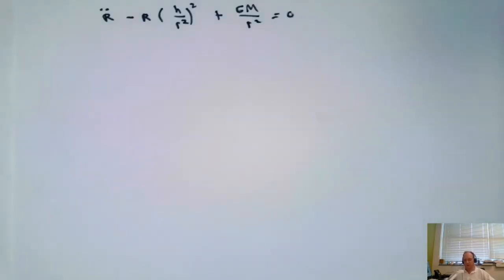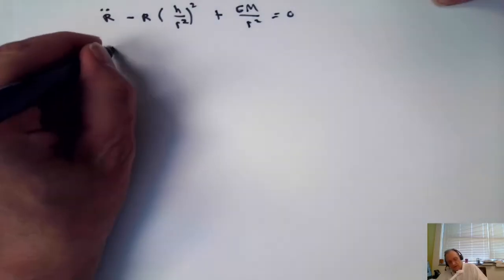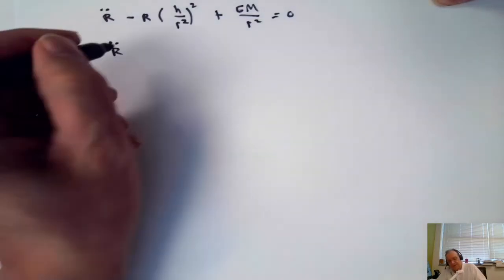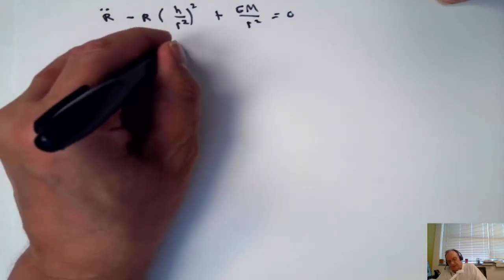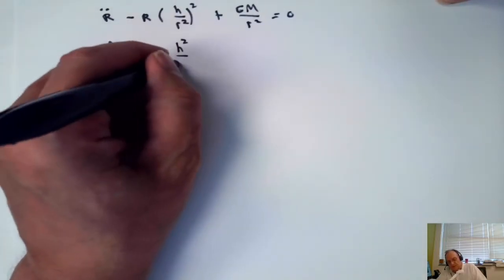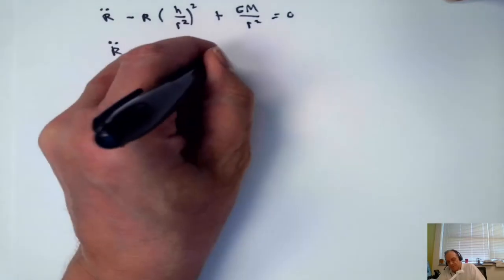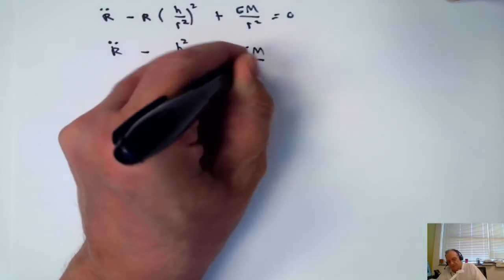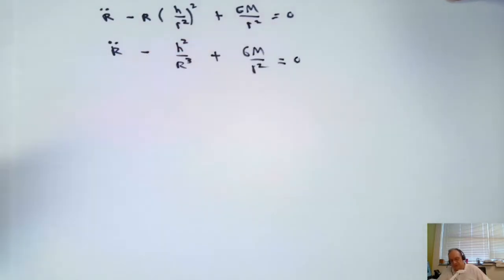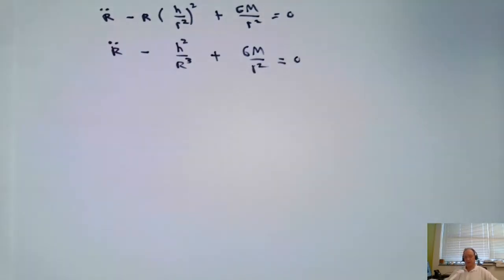Putting our formula for theta dot into that last equation, I can get rid of all references to theta dot. Second derivative of r with respect to t minus h squared over r cubed plus GM over r squared must be 0.